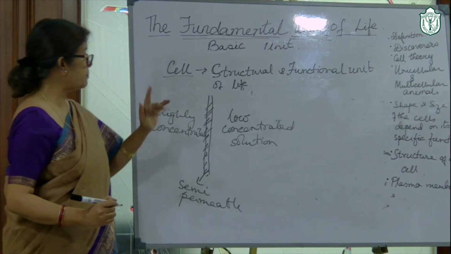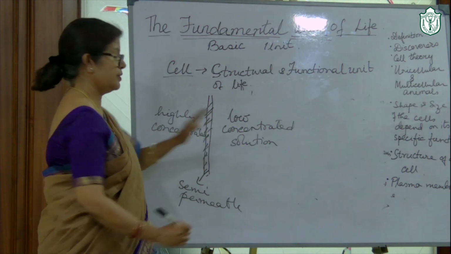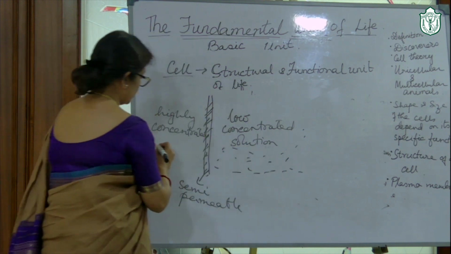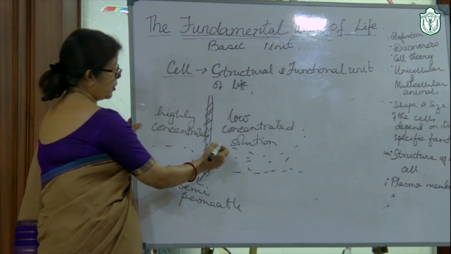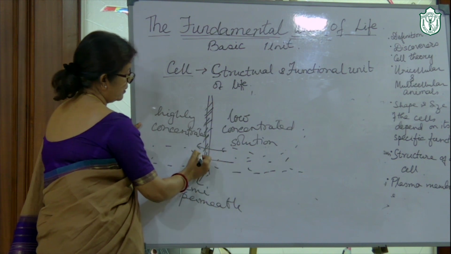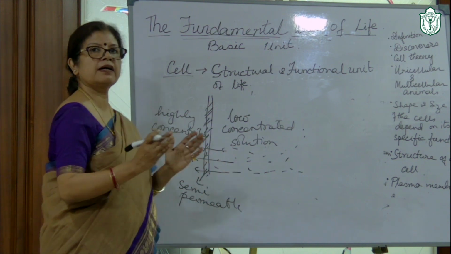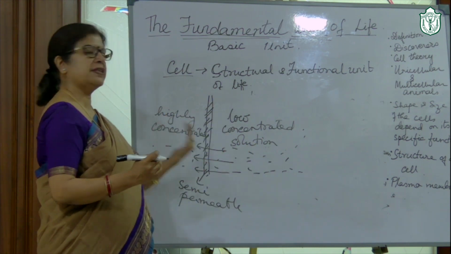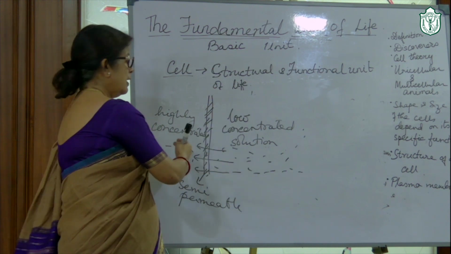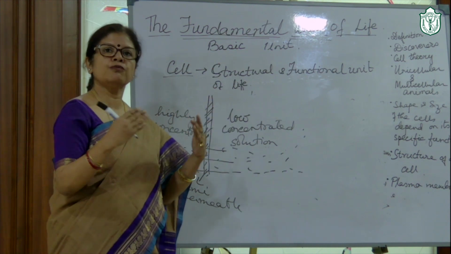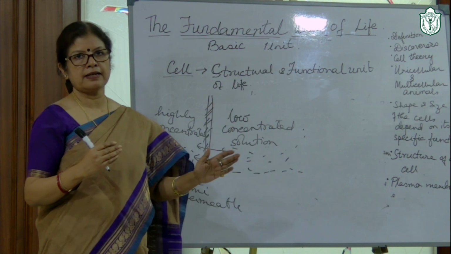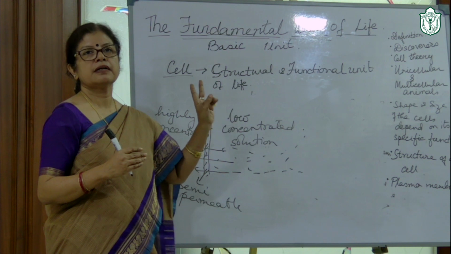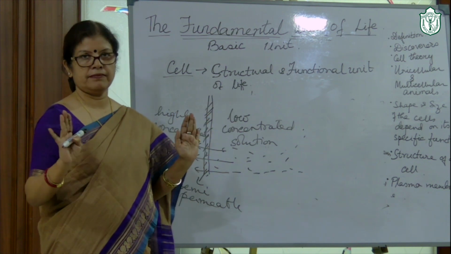Now what will happen by osmosis? The water molecules, which are more here and less here, will move from here to here, and it will be a continuous movement. Don't think that the movement is only in this direction. The maximum is from here to here, and the water molecules will continue moving until the concentration of both these solutions is equal, the same.